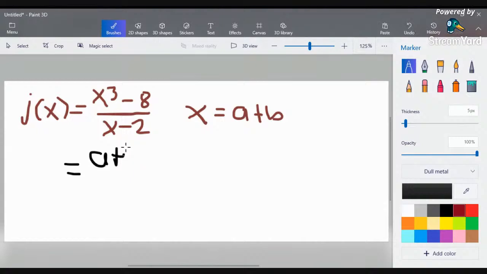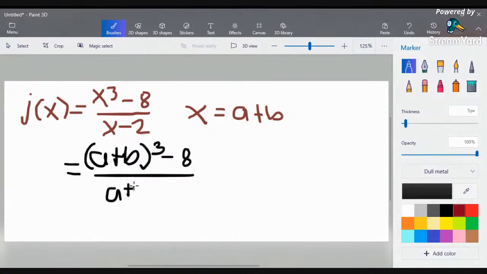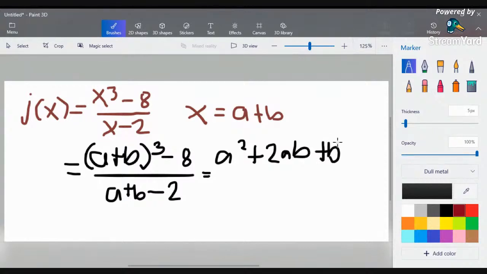A plus b times a plus b times a plus b minus 8 over a plus b minus 2. Okay, let's solve a plus b cubed. That becomes a squared plus 2ab plus b squared.